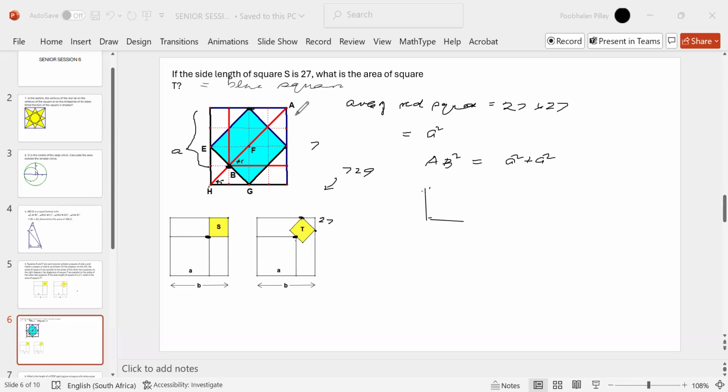You see, it's a diagonal of the red square, so it is the square of the diagonal.